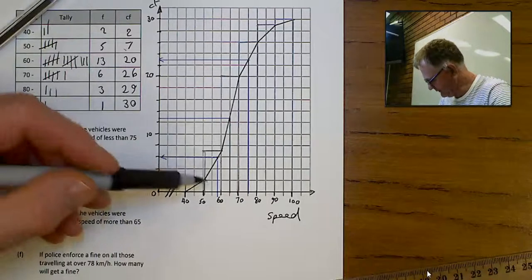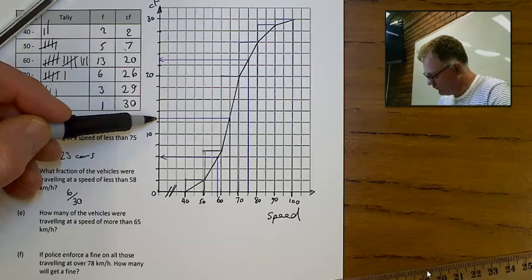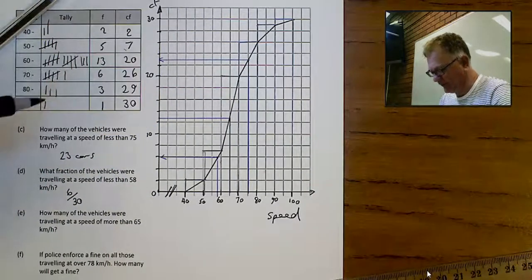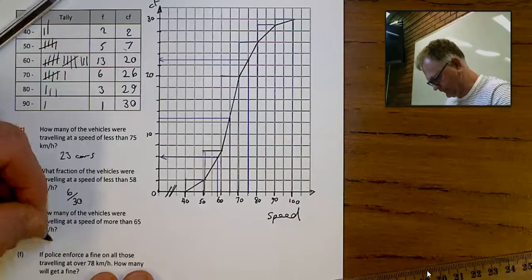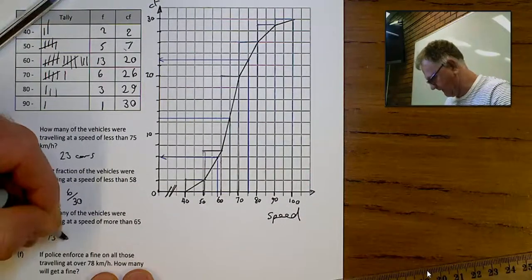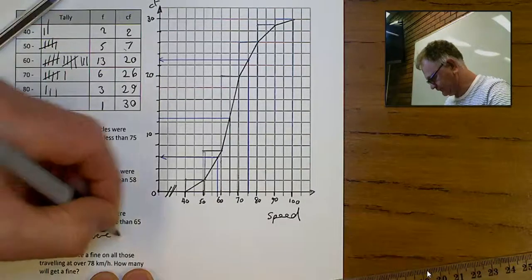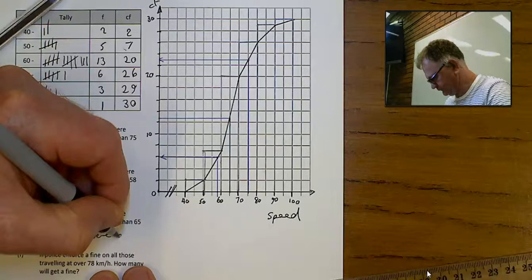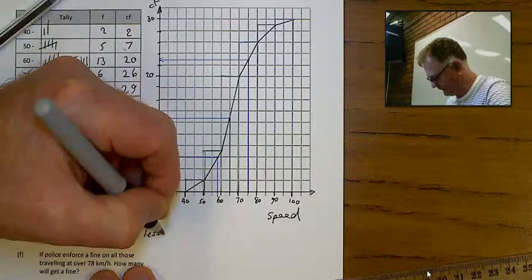Now I get up here, 12, probably nearer 13 cars were travelling at a speed of less than 65. But the question didn't ask me that.